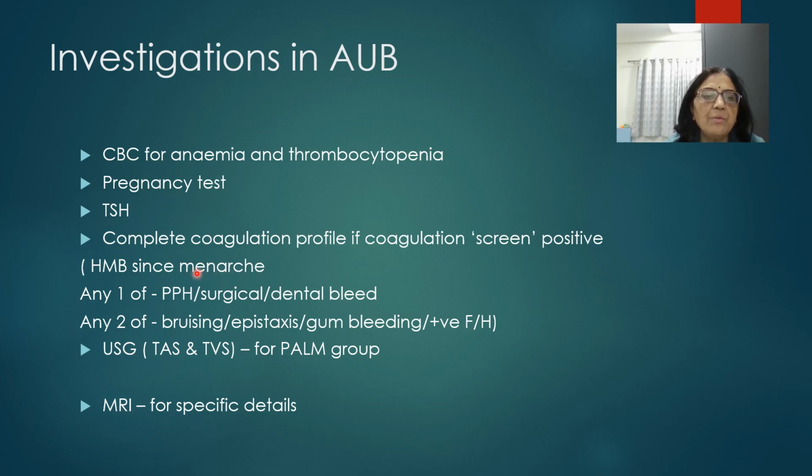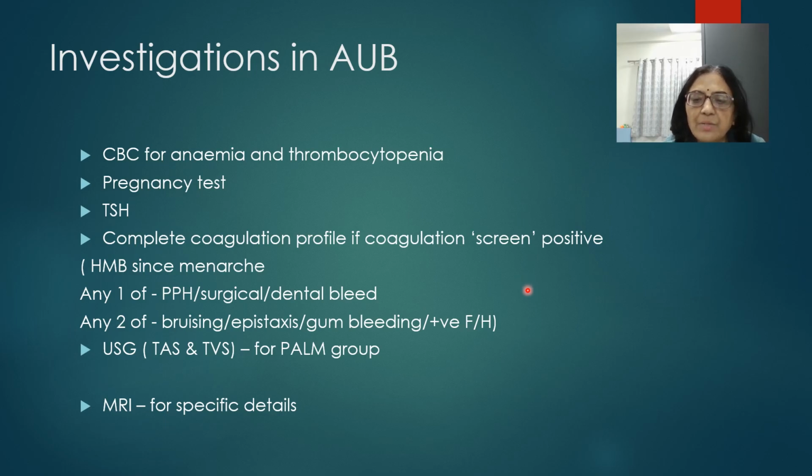In short, if there is heavy menstrual bleeding since menarche, any one of PPH, surgical bleed or dental bleed, any two of bruising, epistaxis, gum bleeding, and positive family history. All the postgraduates need to know about this screen by heart, so that when we are sitting in OPD and take the history, that itself gives us the indication whether to advise a complete coagulation profile such as PT, APTT, and the von Willebrand test to rule out von Willebrand disease.